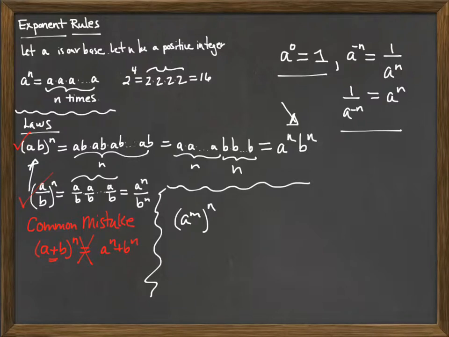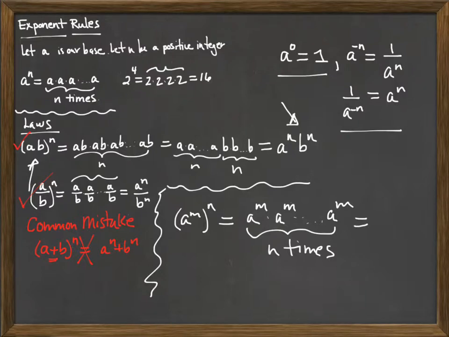Well, that's equal to a to the m times a to the m times a to the m, you guessed it, n times. Which really means I have a raised to the m times n. Correct? You see it?